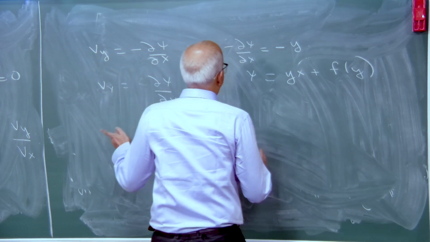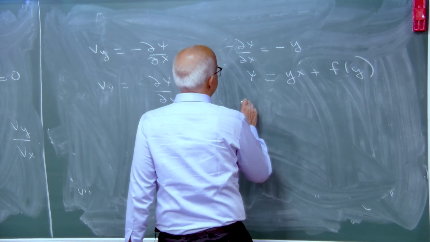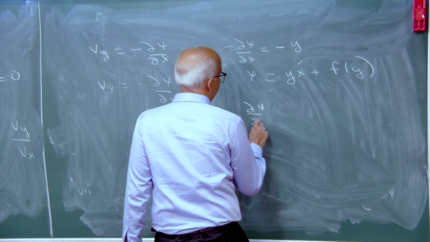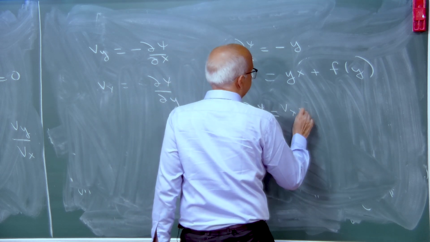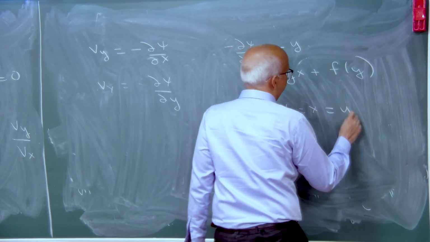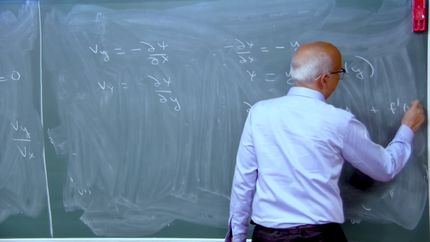And what is d psi by dy? I am going to differentiate this thing. I am going to get d psi by dy, which is equal to x, which is equal to x plus f dash of y.